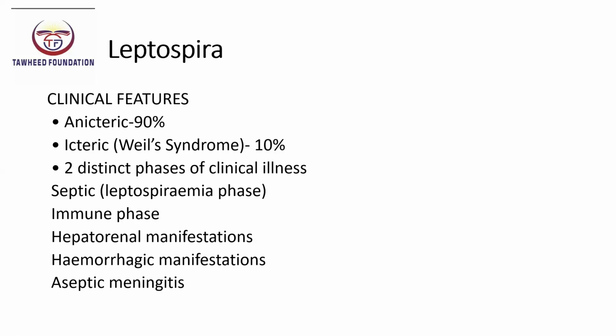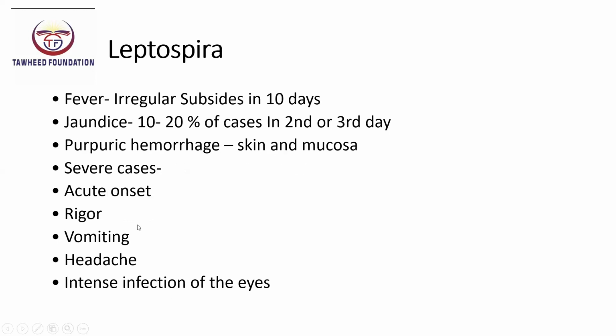Key features include fever, malaise, headache, jaundice, renal impairment, meningitis, hemorrhagic tendency, and sometimes pulmonary manifestations. So these immune phases have three types: hepatorenal manifestation, hemorrhagic manifestation, and aseptic meningitis.